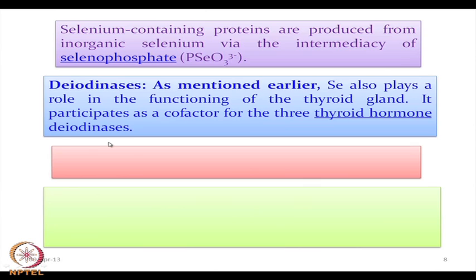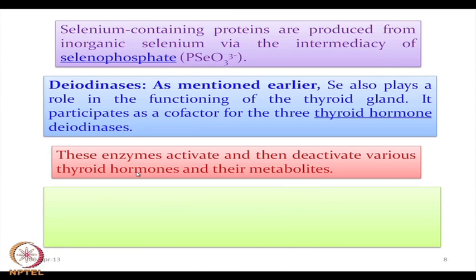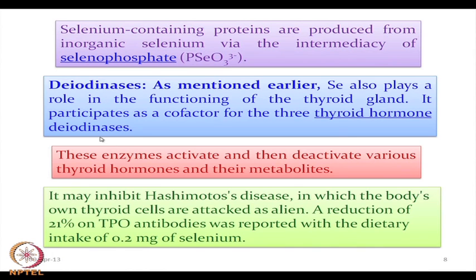So, there are three types of deiodinases which are responsible for the production of the right amount of T3 from the T4 molecules. These enzymes activate and then deactivate the various thyroid hormones and their metabolites. With these enzymes we first go for the iodination reaction, and for the deiodination reaction we use the corresponding deiodinases. Sometimes it may inhibit Hashimoto's disease, in which the body's own thyroid cells are attacked as alien.